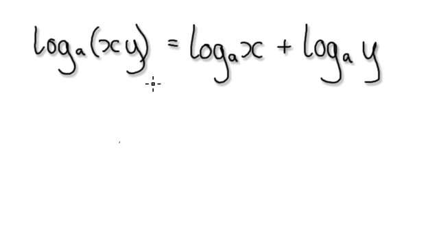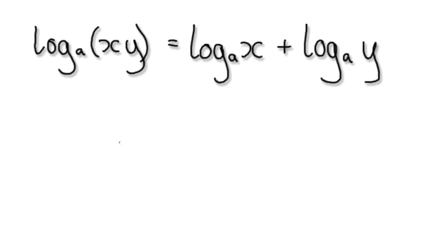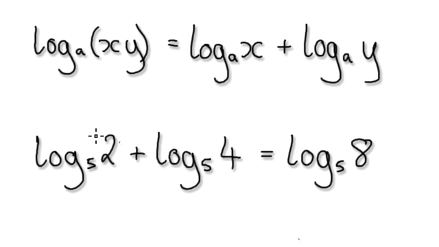So now when you have log base a of one thing multiplying another thing, that would be the same as this thing plus this thing here. So let me give you a quick example. If you're given log base 5 of 2 and so on here, the first thing you should do is check that the two bases are the same.